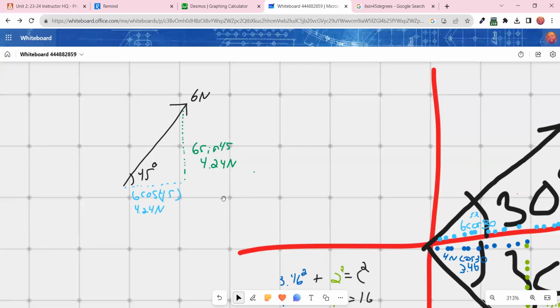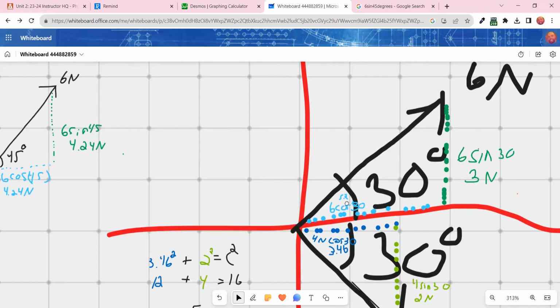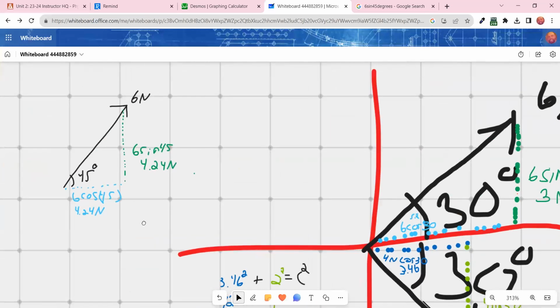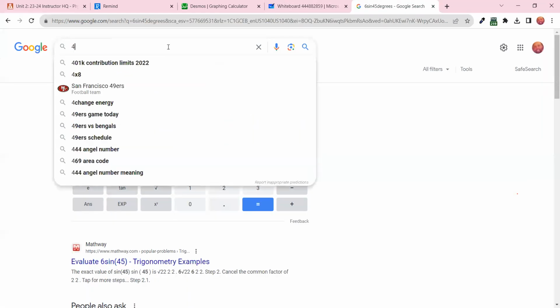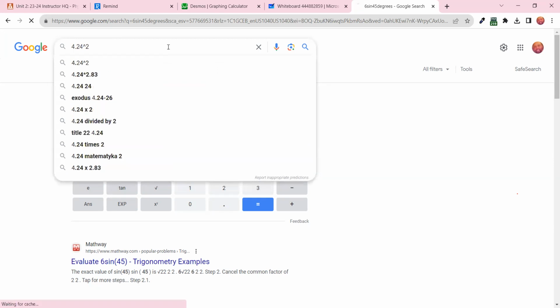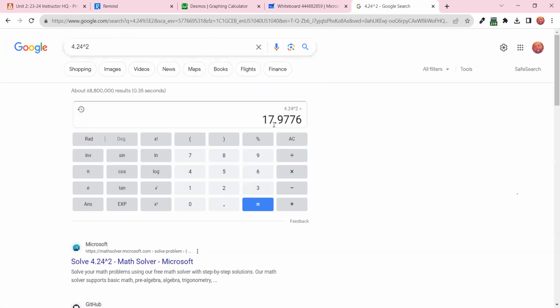But it's also equal distance from the x and the y since it's at a 45-degree angle, so they are equal to each other. And over here, 5.2 squared plus 3 squared is equal to 6 squared. Over here, 4.24 squared plus 4.24 squared is going to be equal to 6 squared. So let's do that real quick. We have 4.24 squared plus 4.24 squared is equal to, well, let's figure it out. 4.2 squared is equal to 18.